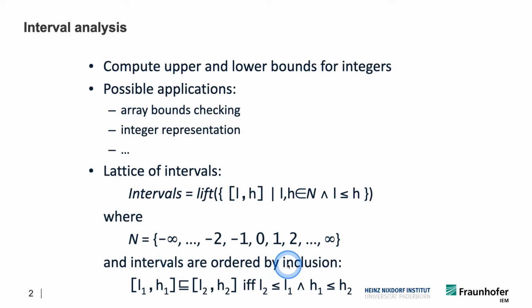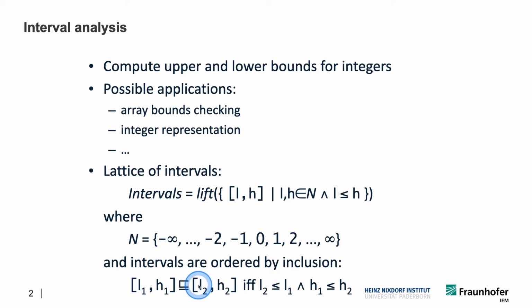And then we also have intervals that are ordered by inclusion, right? So this has to form a lattice, like I explained in the previous lectures. So for instance, we define this smaller equals relationship here in such a way that if we have such an interval here, it is smaller than this other one if basically it's included.